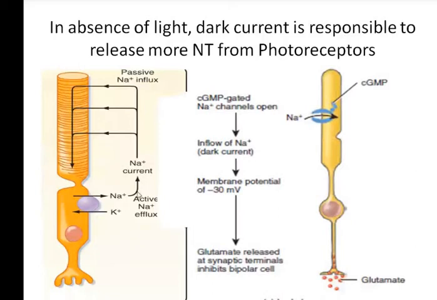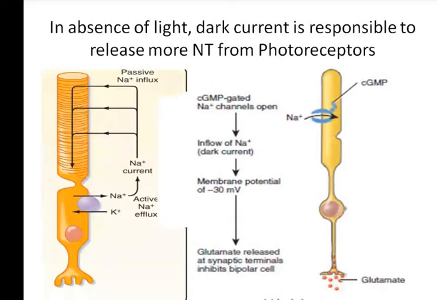Since this phenomenon occurs in the dark, the flow of the sodium current is known as the dark current, and that causes the depolarization of these cells, and that depolarization causes the release of glutamate. In the dark, there is maximum release of glutamate.